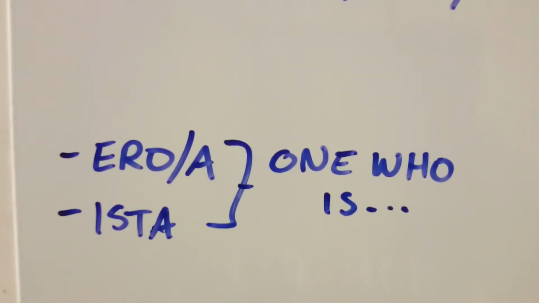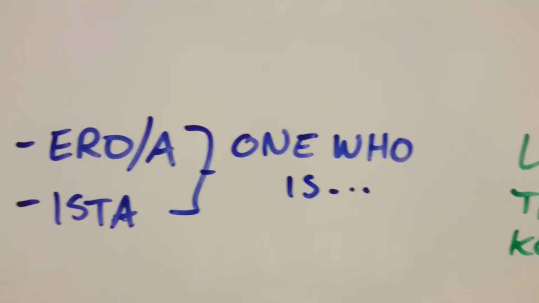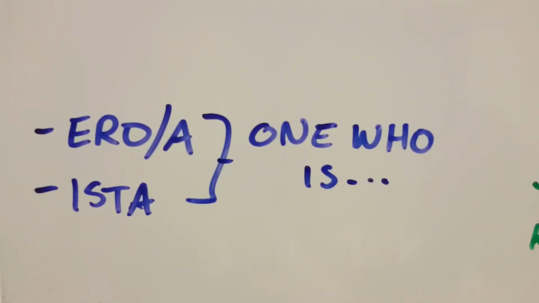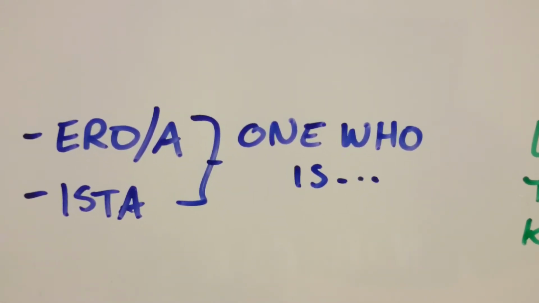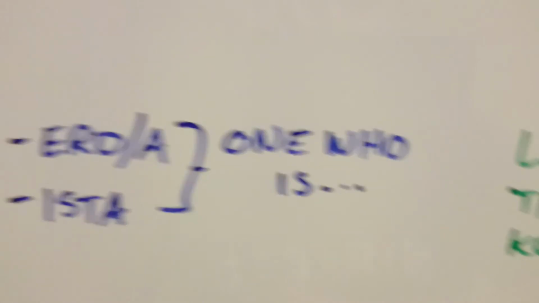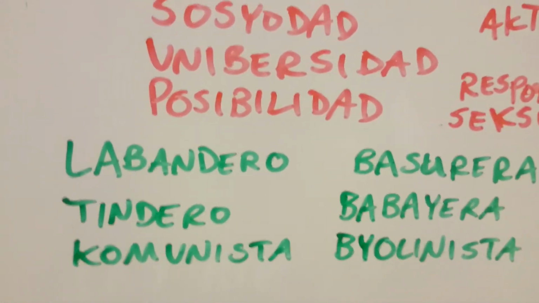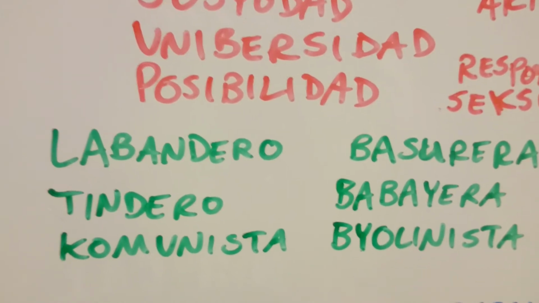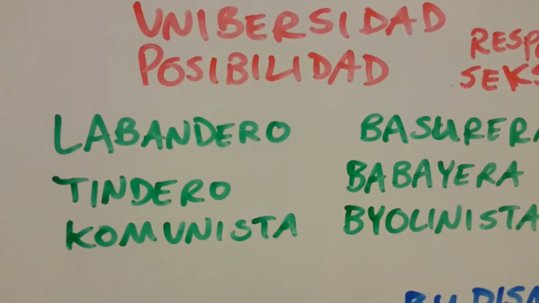So ero, era, or ista is someone who is doing something, someone who is a professional of something. You'll see these examples in green. We have a lavandero, which is masculine because it ends in o.